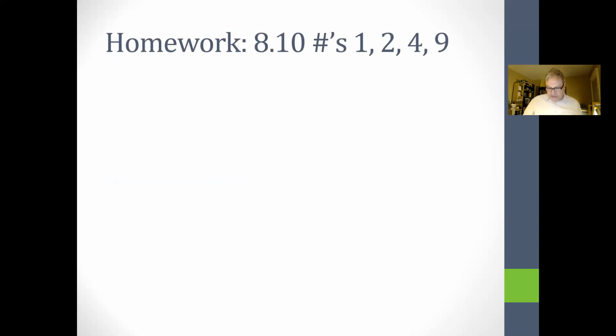Now, 8.10 is the last little section. 8.10 says, for each of the following causal statements, indicate whether the specified cause is A, a necessary condition, B, a sufficient condition, C, a necessary and sufficient condition, or D, neither a necessary nor a sufficient condition.